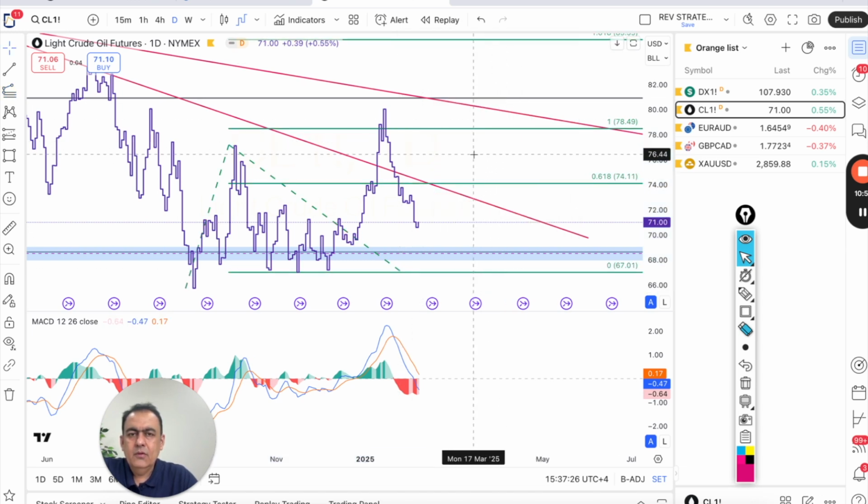We'll use green extension lines as it's in the bullish direction. So I'm also going to use fib retracement, checking the retracement from the lowest, or maybe this one, as it's equal low to the highest.